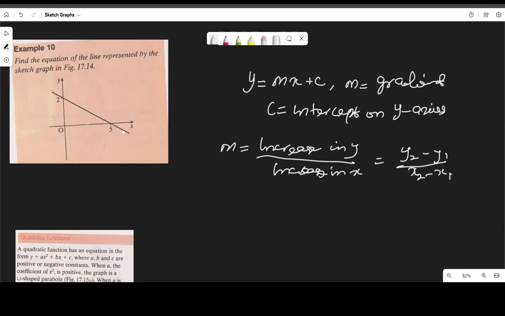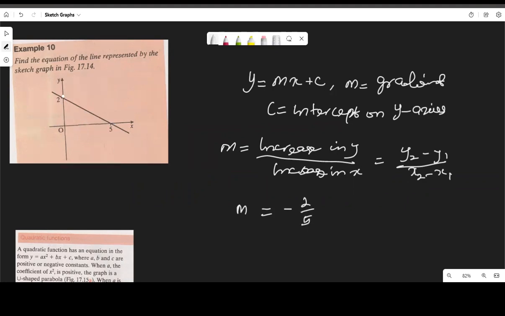You see, this is a decrease. As x is increasing towards 5, y is decreasing from 2 down. So the gradient in this case, remember gradient is change in y over change in x, so instead of plus, there's going to be minus 2 over 5.